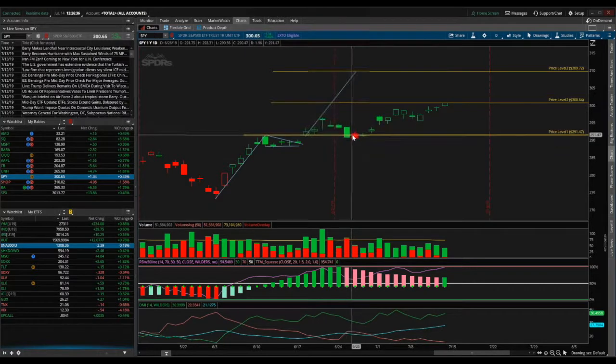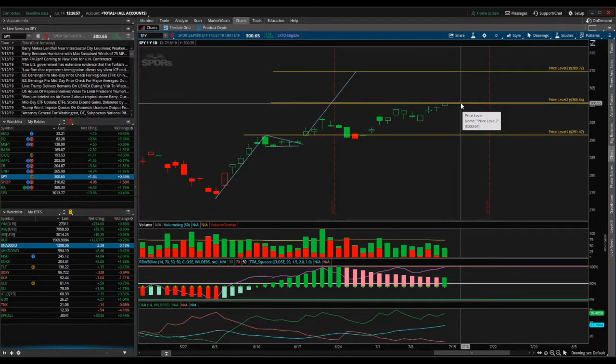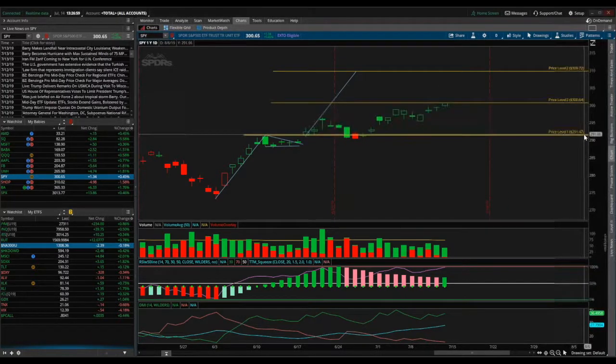Maybe you thought we were even going down. You could have gotten puts here, and chances are it wasn't enough money for you to profit before it reversed. But then once we got back above, you say, look, okay, we're going up. I'm going to buy. And you rode this move all the way up to your first price target, and bam, great profit, a $9 move.